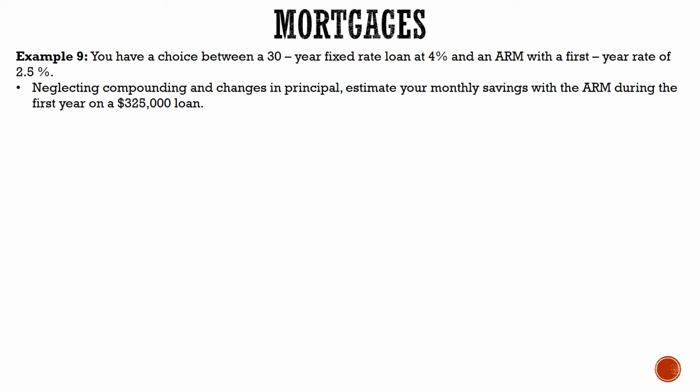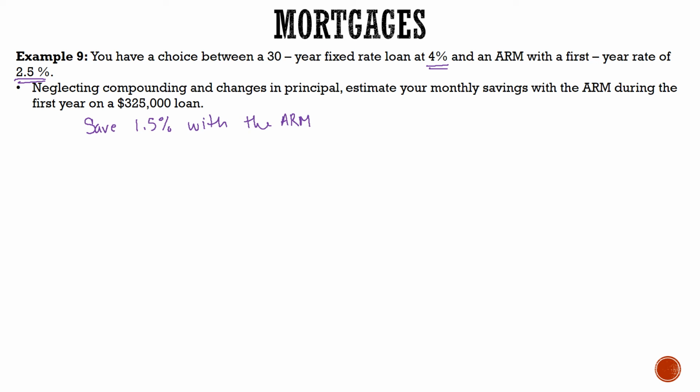So the first thing we want to look at is what kind of savings are we getting from this adjustable rate mortgage. And in terms of the interest rate, we are saving between 4% and 2.5%, so 1.5% savings in that first year with the adjustable rate mortgage. So we're going to save 1.5% with the adjustable rate mortgage.